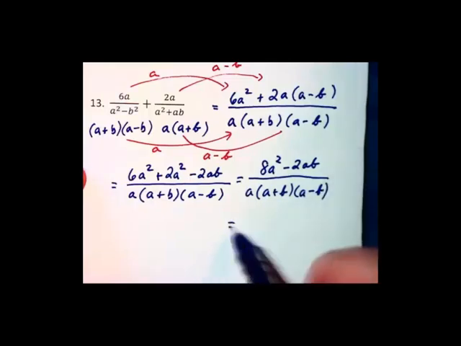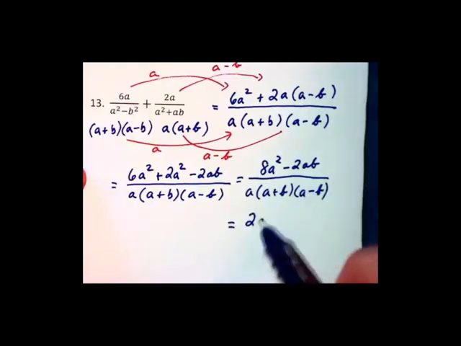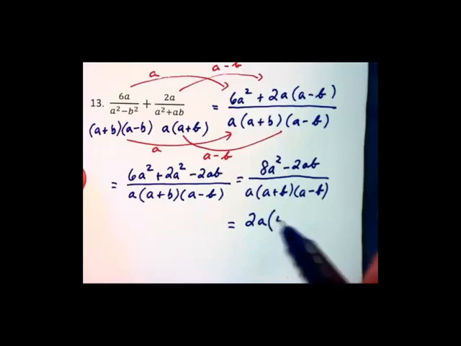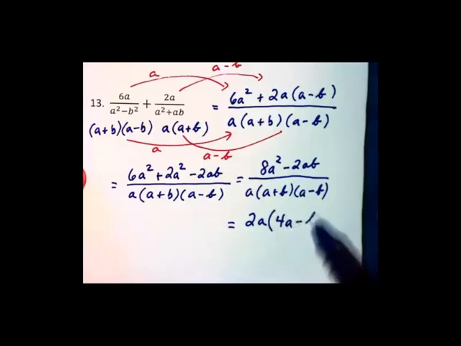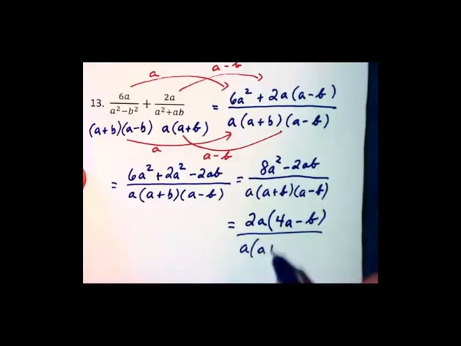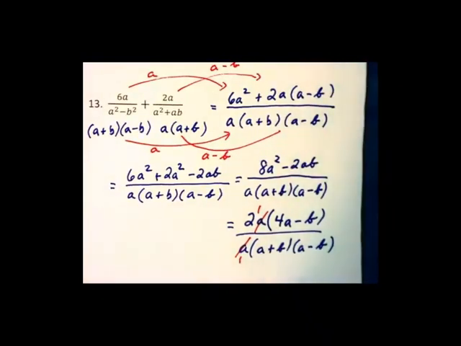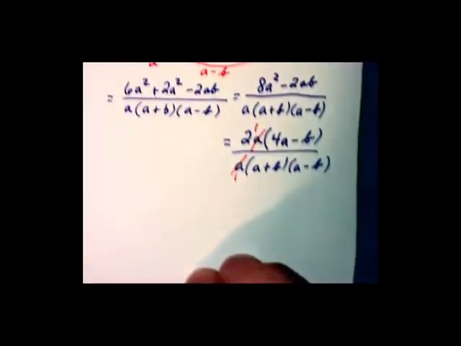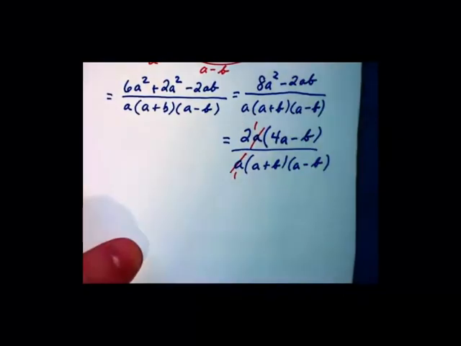Now up above I can factor out a 2a times 4a minus b, and let's see what we've got. We've got something that will cancel. The a's will cancel. I know it's not a lot, but it's something, and we're always responsible for reducing our answer whenever possible.